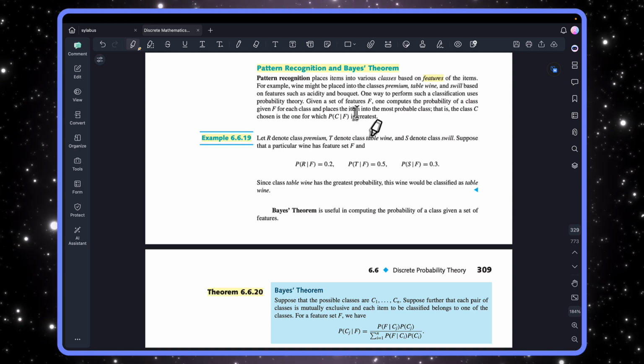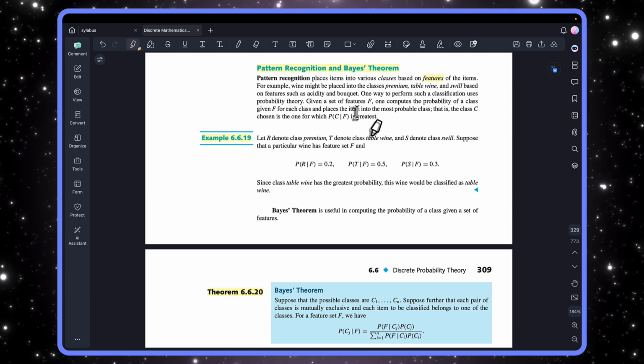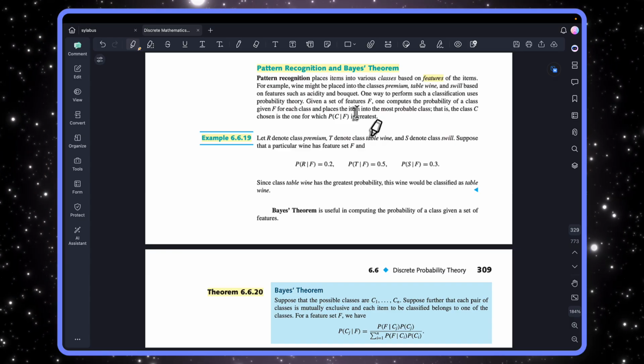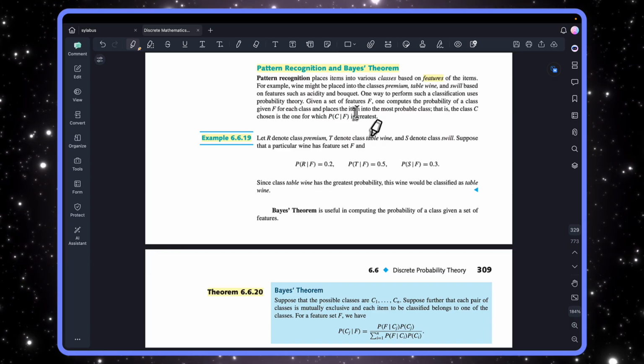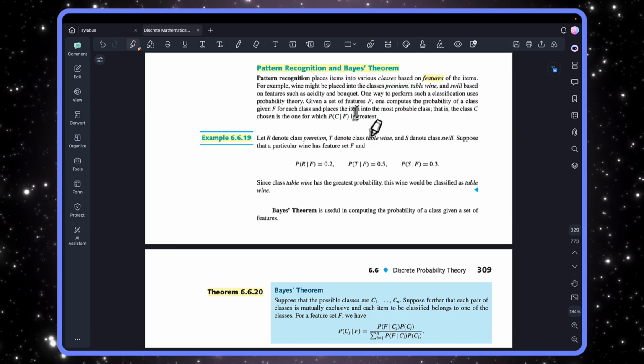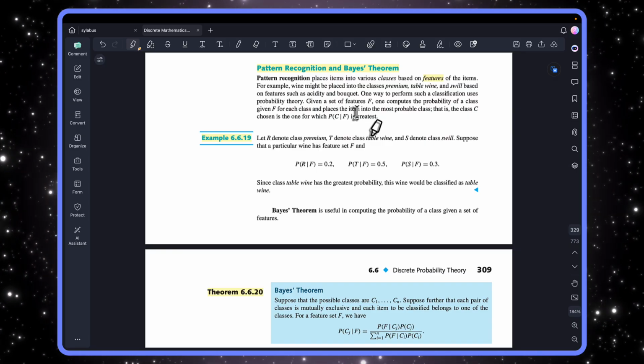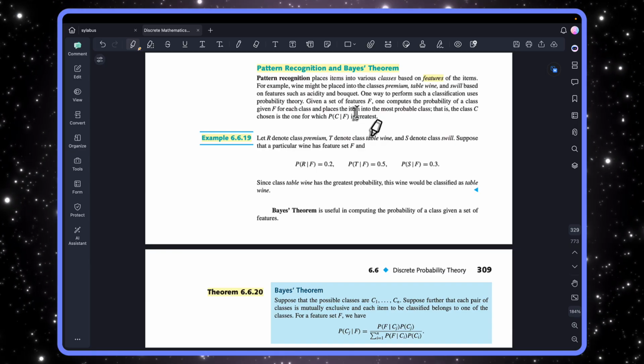So, for example, this is a good example. Wine might be placed into the classes premium, table wine, and swill based on features such as acidity, bouquet, whatever it might be. So one way to perform such a classification uses probability theory.